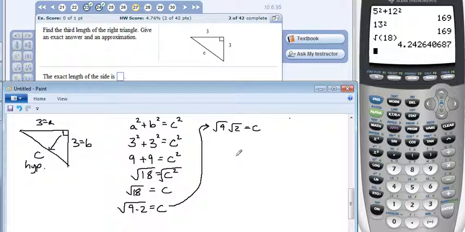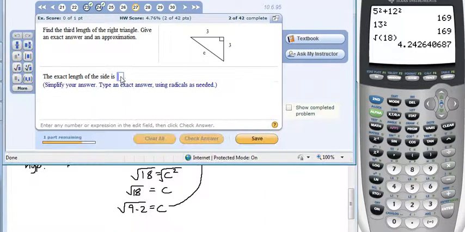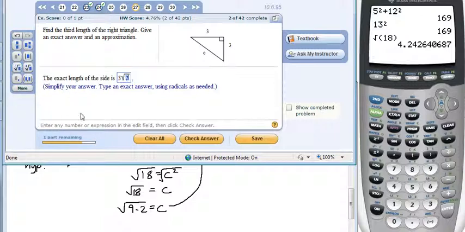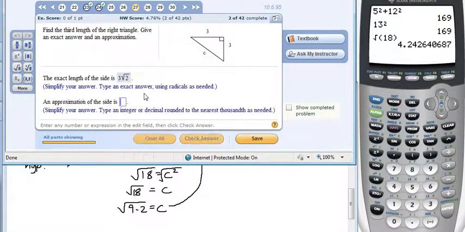The square root of 9 is 3, and the square root of 2 is C. So that'll be your exact length. So you really do need to go back into all of your exponent rules and make sure that these things are expressed. You have to simplify it, and we know the rules of radicals.